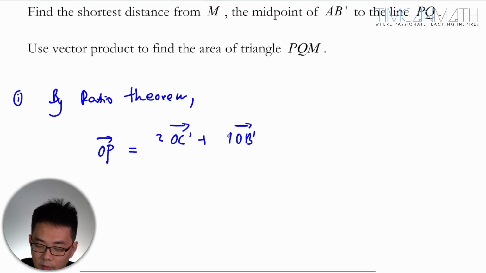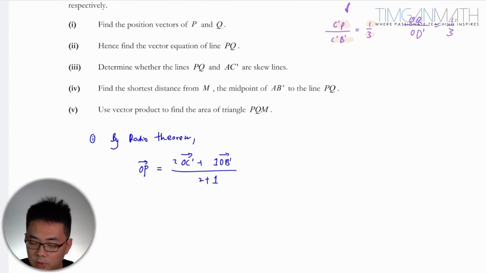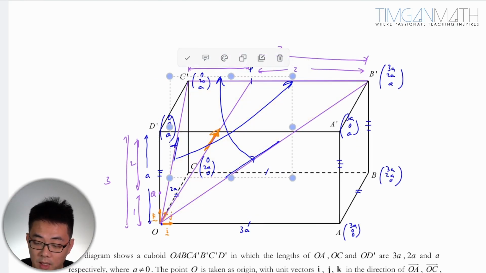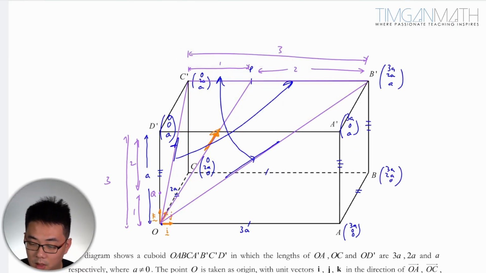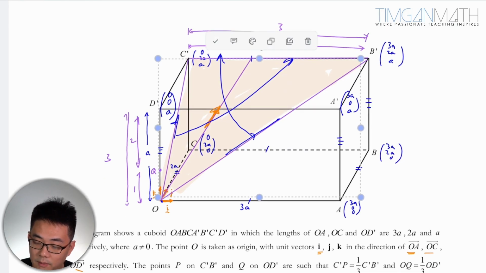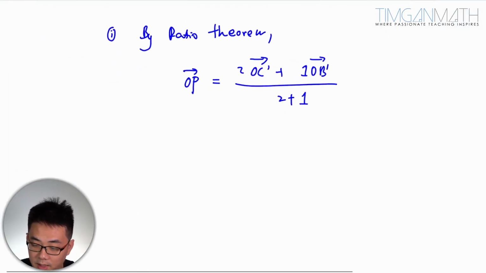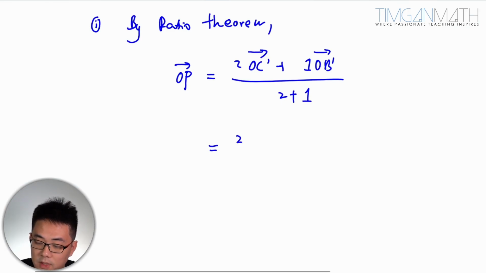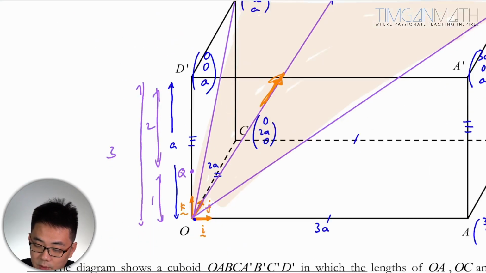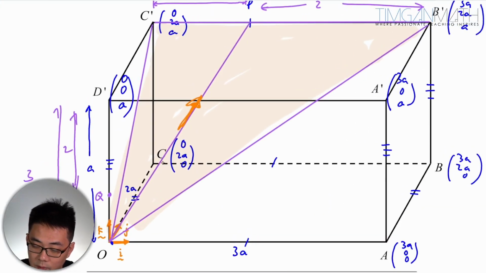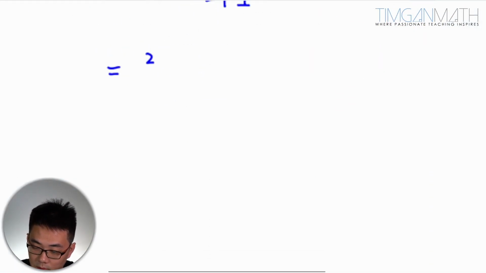Then you add both ratios together, which is 2 plus 1. Ratio theorem, remember the middle point is always the subject. So there you go. I got this, and I need to just write 2OC prime. OC prime is 0, 2A, A. So 0, 2A, A.